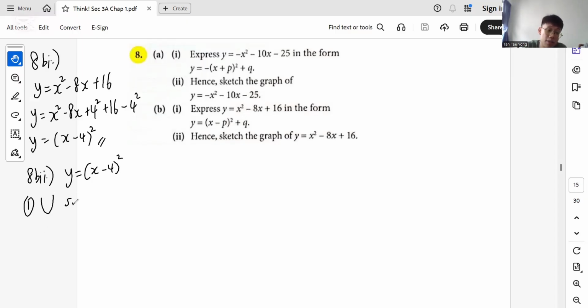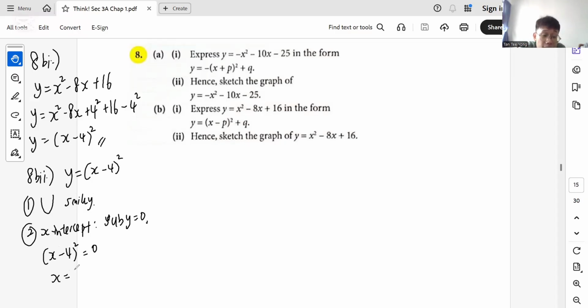Info number 2, x-intercept. The x-intercept means sub y equals to 0, so x minus 4 squared equals to 0. So x equals to 4.